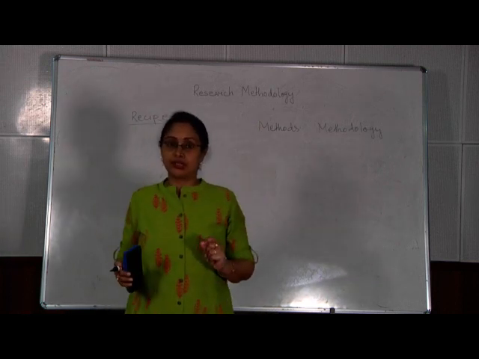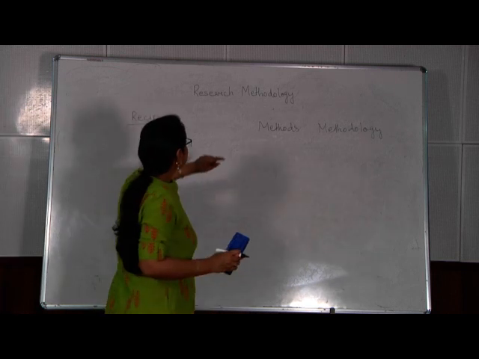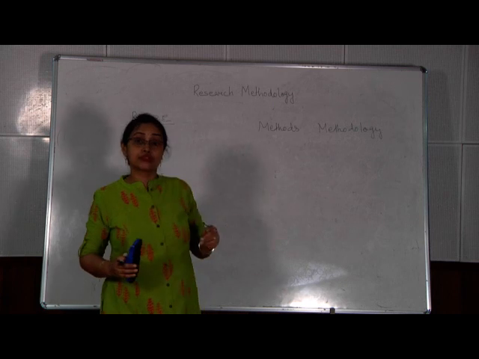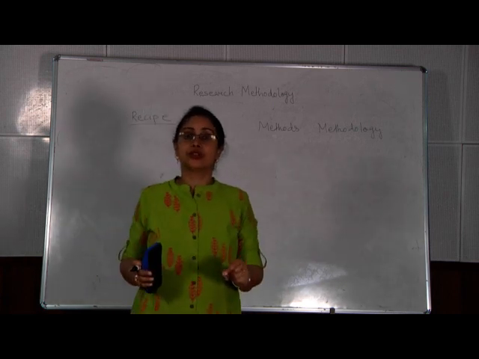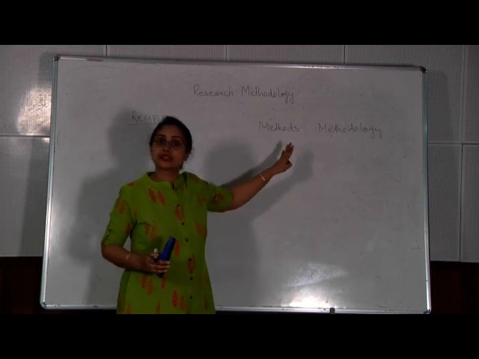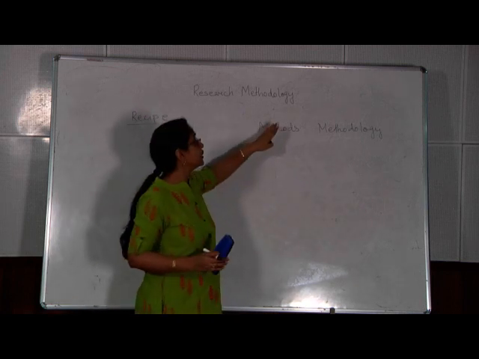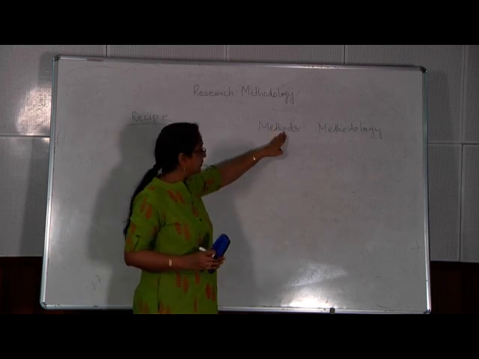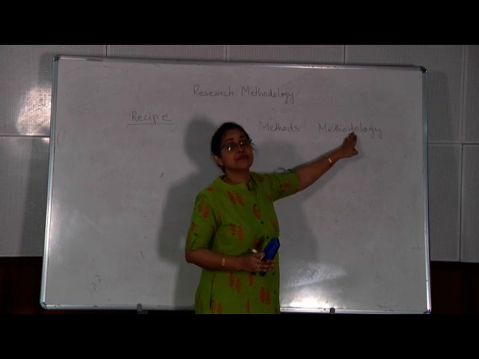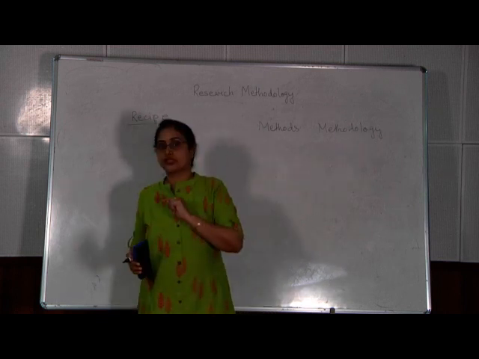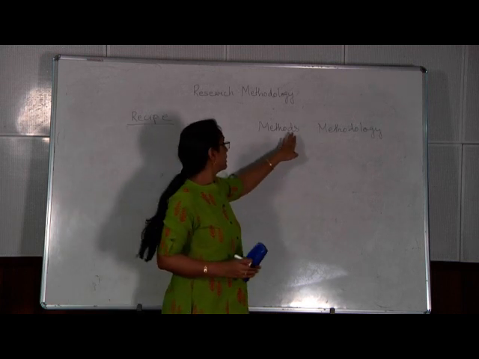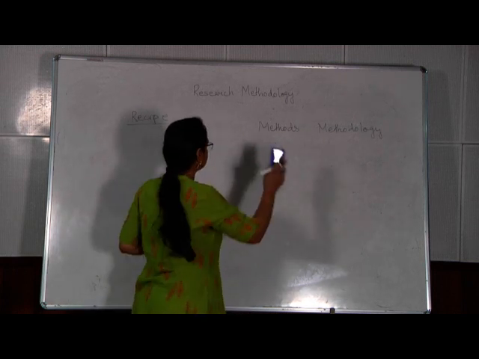Hence, we name the chapter research methodology, because it is specific to that particular research, whereas methods are the generic, universal techniques through which research is done. And when these universal techniques are appropriated, that becomes the methodology for your research. So we understand the distinction between these two terms, methods and methodology.